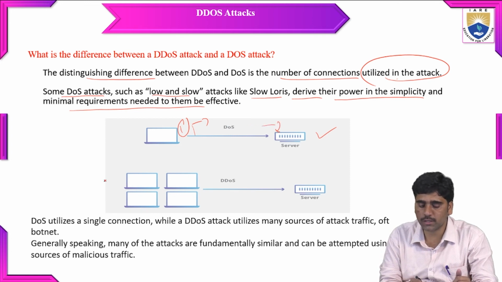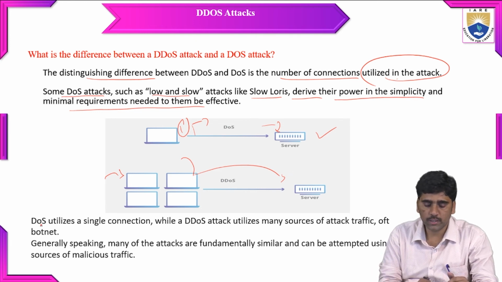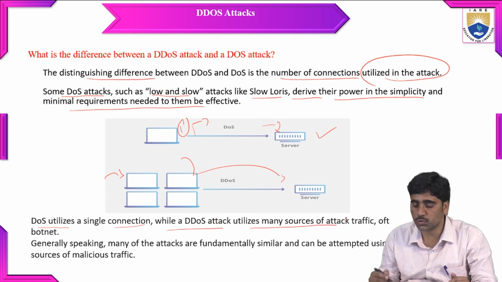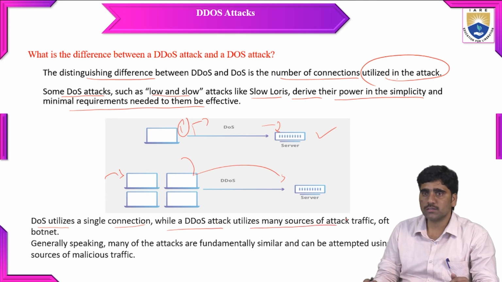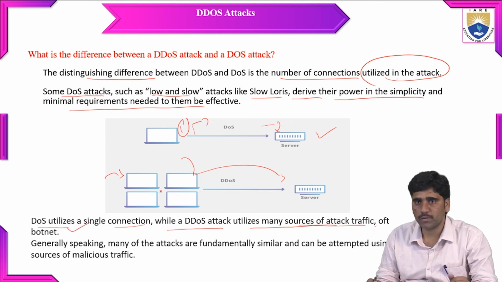But in the DDoS attack, the attacker uses multiple systems, or multiple compromised systems, to attack the targeted machine. The DoS utilizes a single connection, while a DDoS attack utilizes many sources of attack traffic, often a botnet.